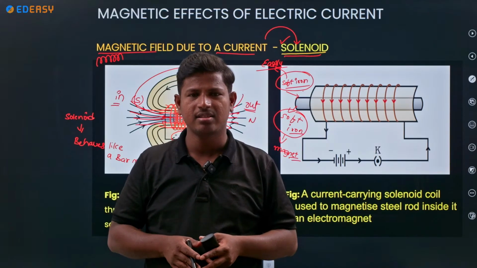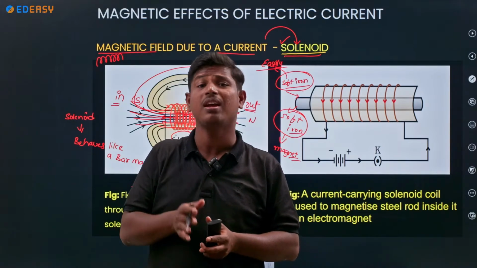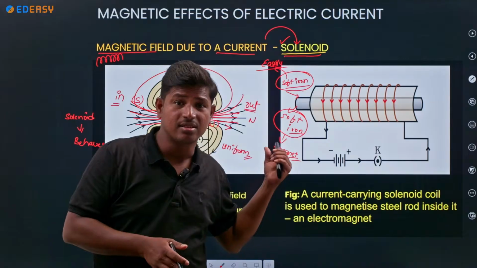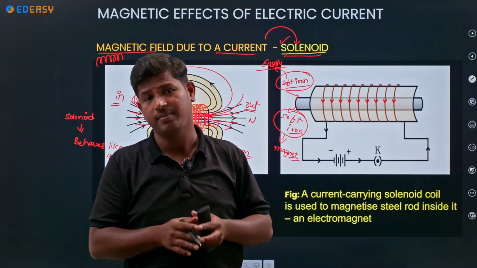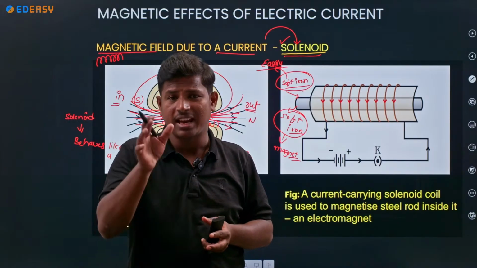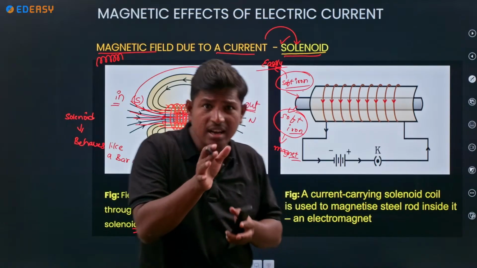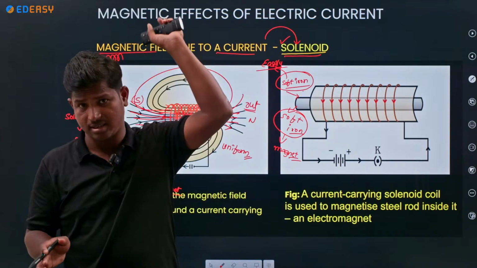But if the teacher is present, they don't behave like that. So here also, when the electricity passes through the solenoid, that solenoid behaves like a bar magnet.